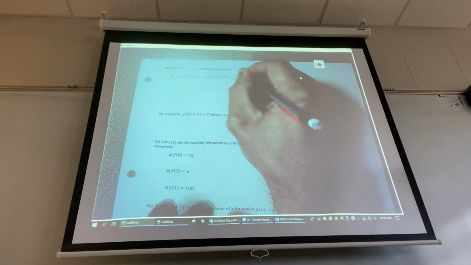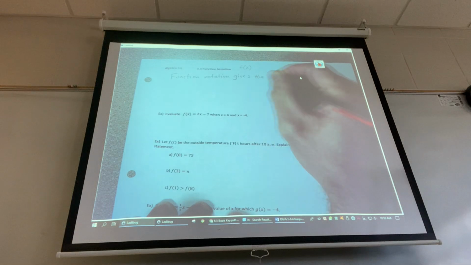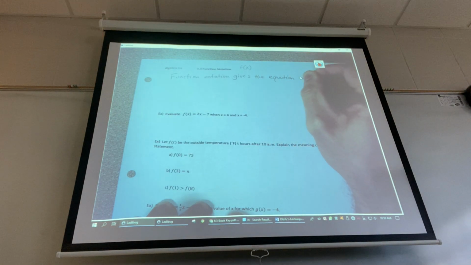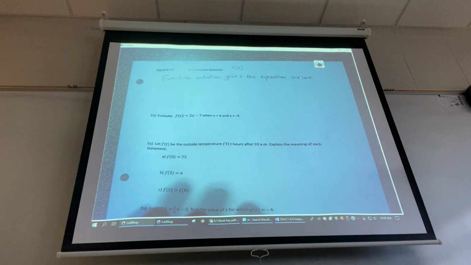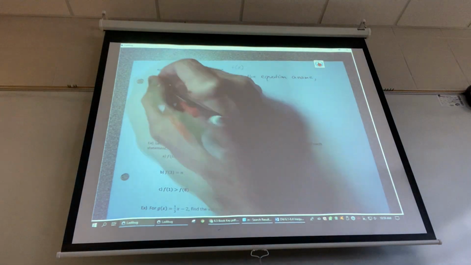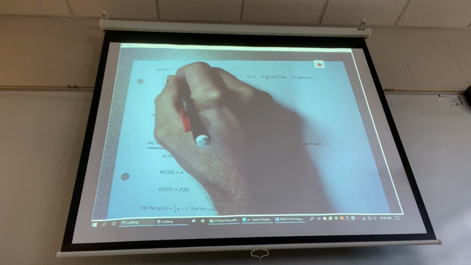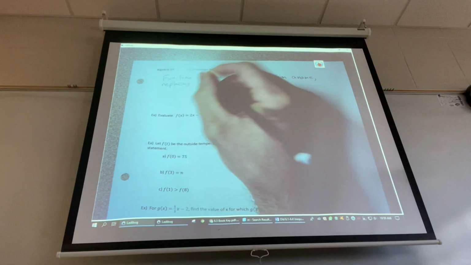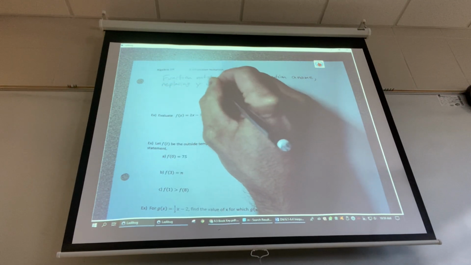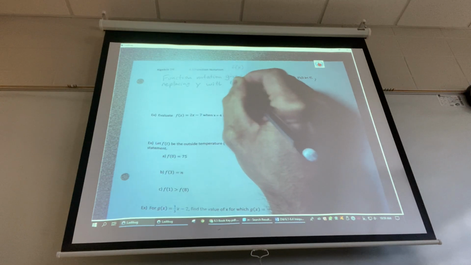Function notation gives the equation a name by replacing y with f of x.